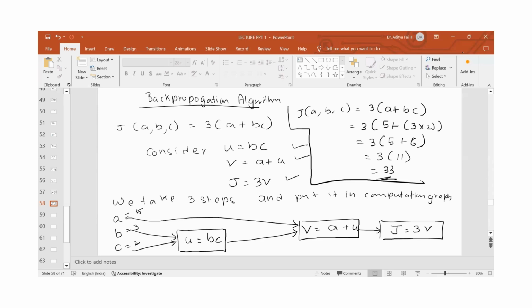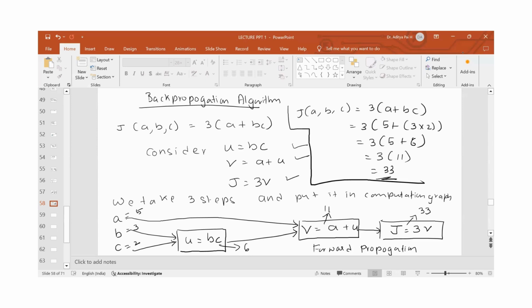So here the value of U is 6, the value of V is 11, and the value of J is 33. This is used for the forward propagation, and we get this value.